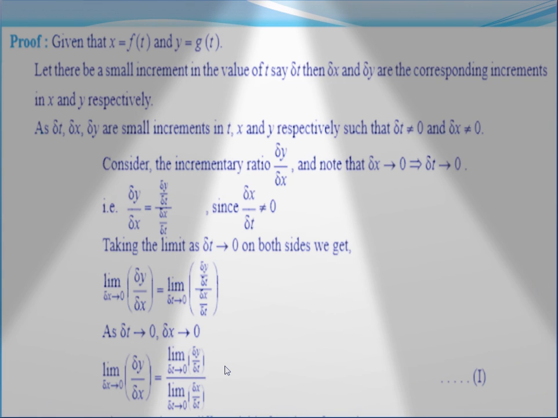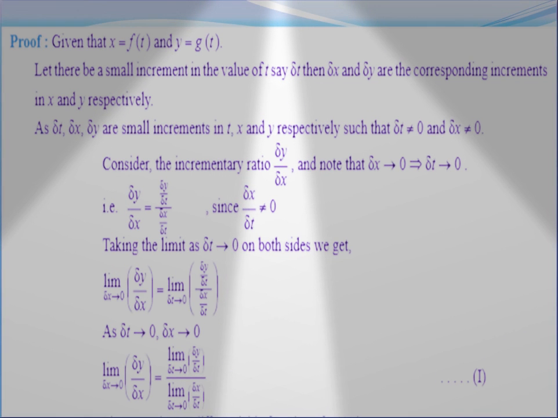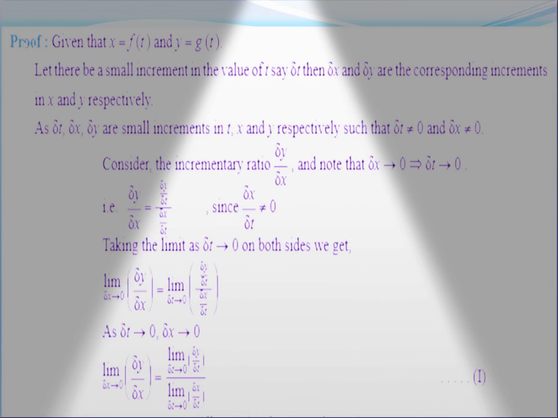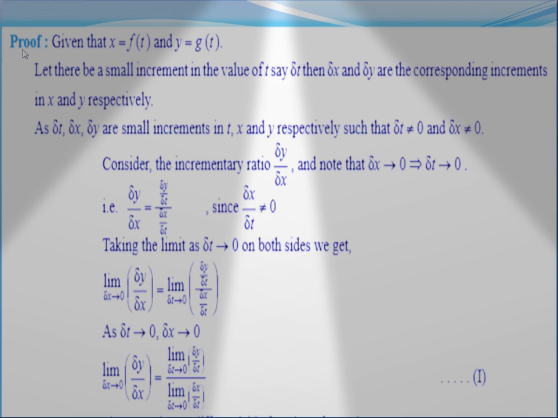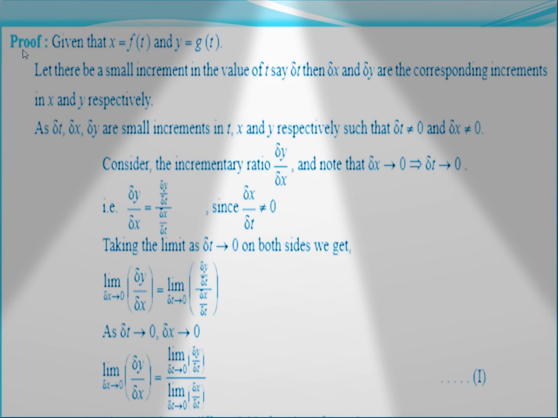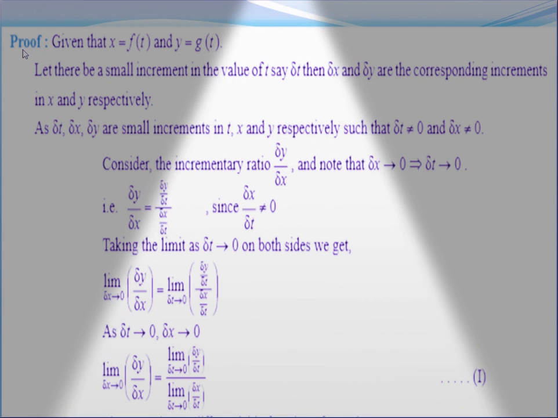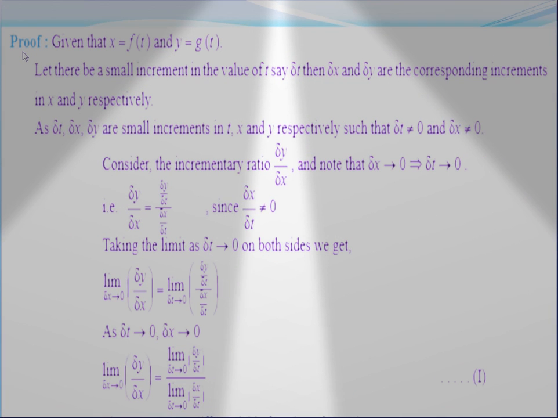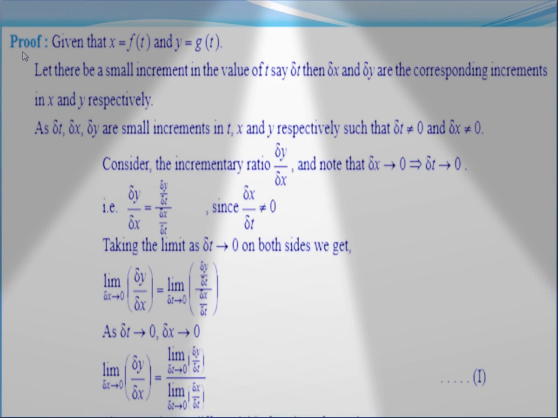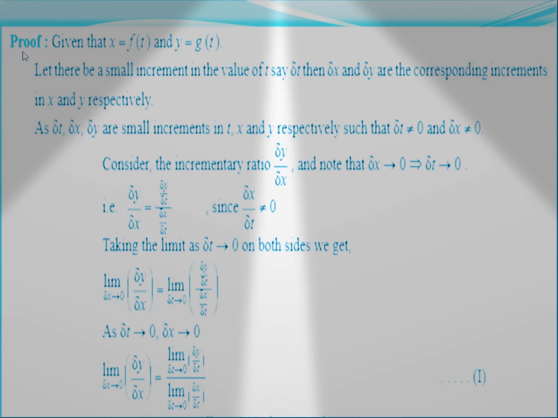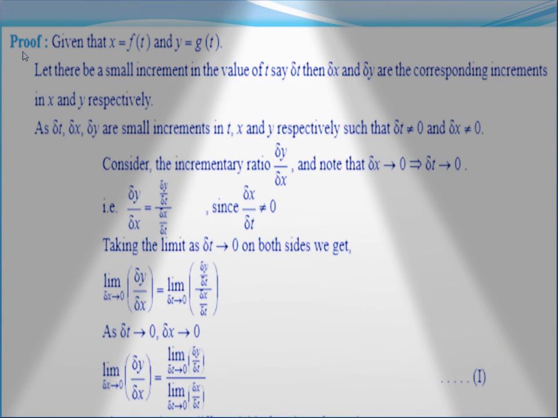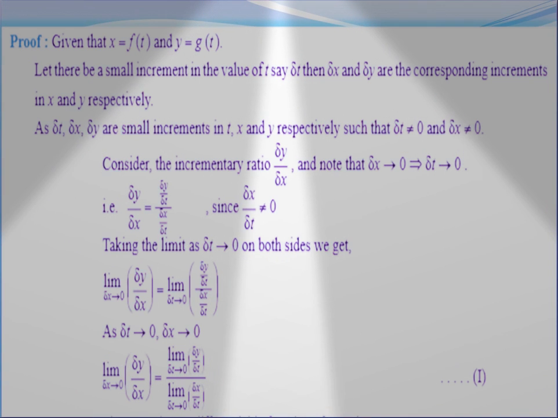In the first part, x equal to f of t and y equal to g of t are differentiable functions of t, and y is a differentiable function of x, is the given part. In the second part we have to prove that dy upon dx equals dy upon dt upon dx upon dt. Now we see the proof for the theorem.